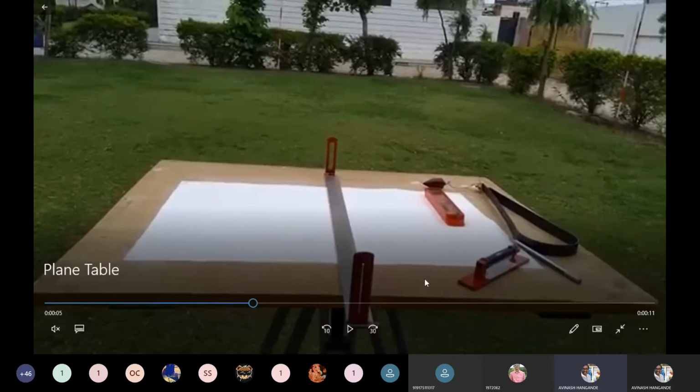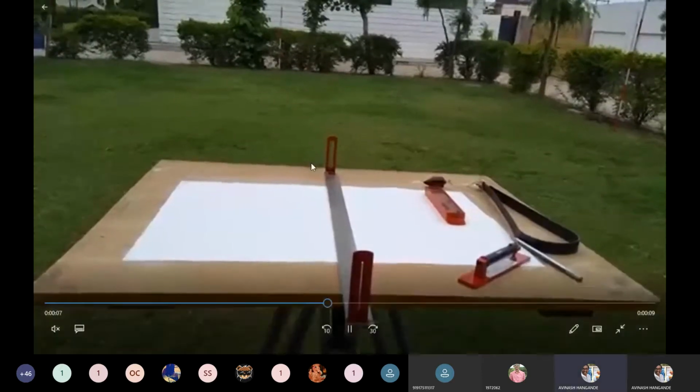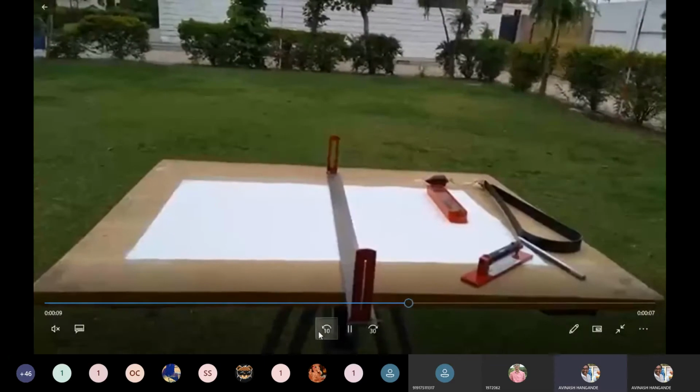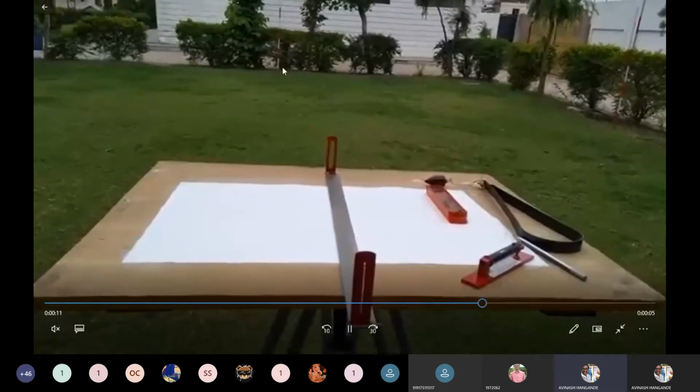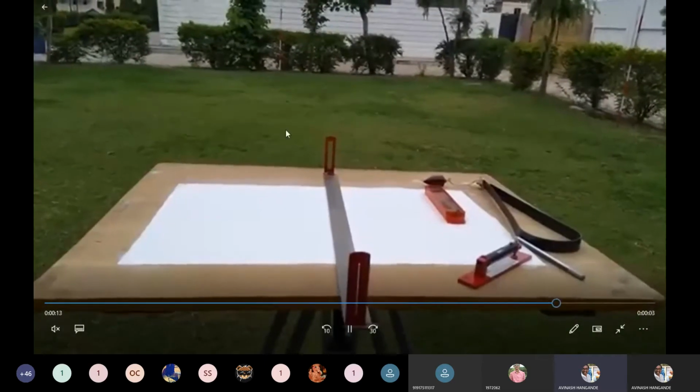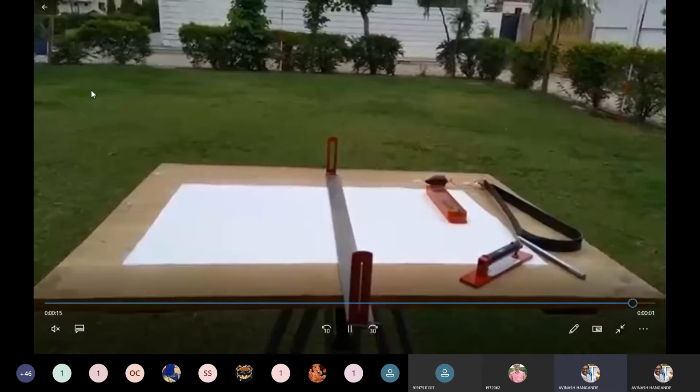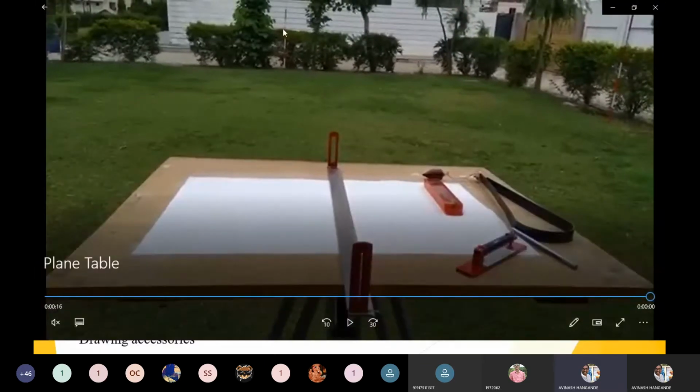This is your plane table, and below here we have the tripod stand. So this is the setup of your plane table survey. In this video we can see some poles fixed here. Everyone can see those poles, the ranging rods that were fixed.